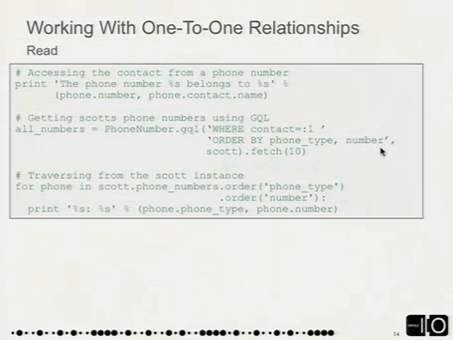It automatically does the select from phone numbers for us. And we're going to do where contact equals :1. :1 is a positional parameter, which, as you can see, we've passed in Scott as the first parameter to this method call. We're going to order the results by phone type and number. Now, you usually want to do that because if you don't provide any ordering, you could get arbitrary results back from the data store.